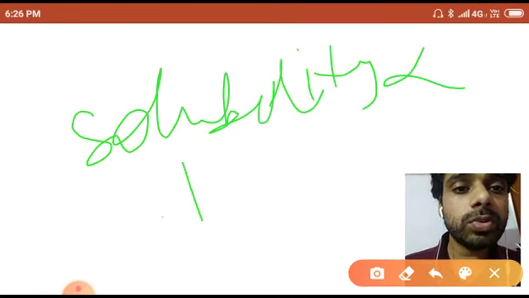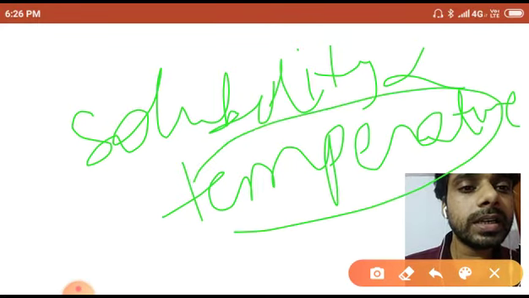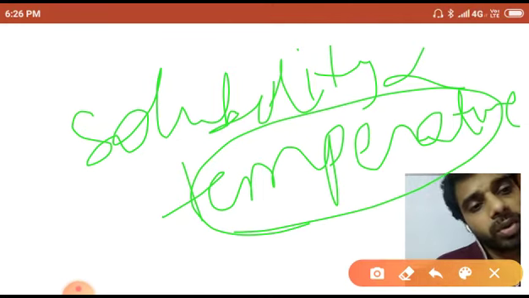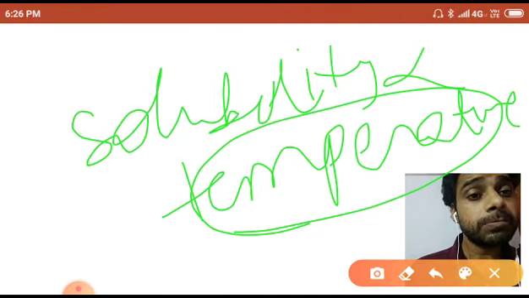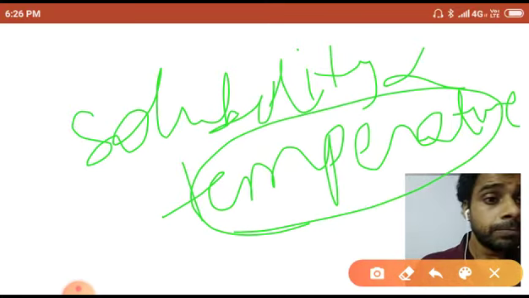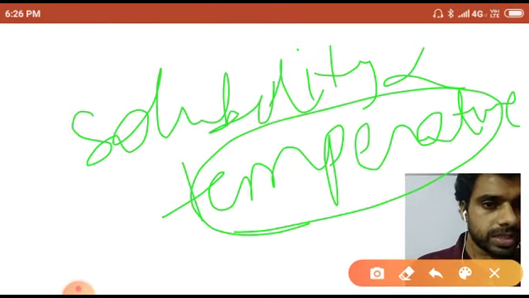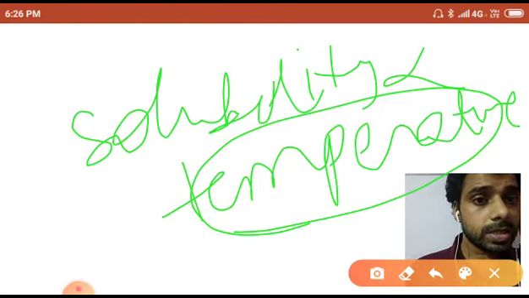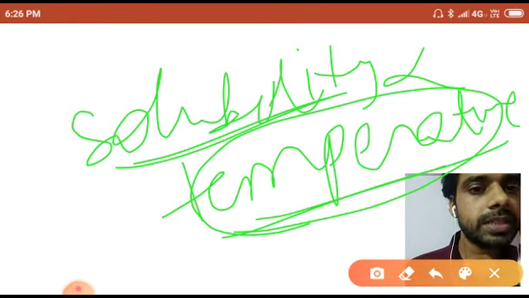If I decrease the temperature, where will the extra amount of solute go? That will settle down. From 60 degrees C it is going towards 25 degrees C, room temperature, so solubility will decrease. That is the direct relationship: if temperature increases, solubility increases; if temperature decreases, solubility decreases.